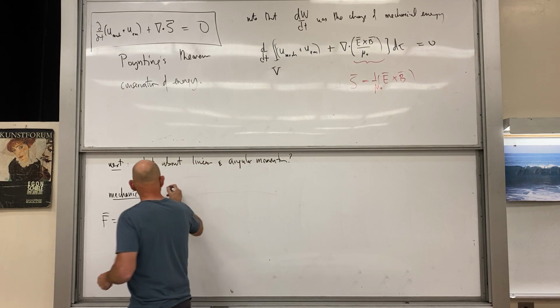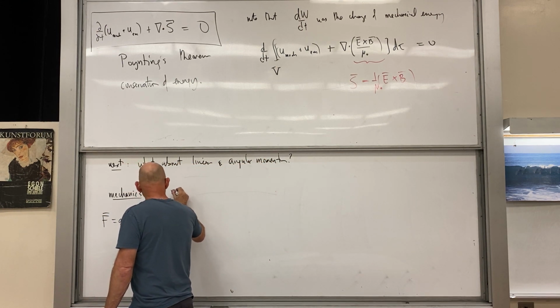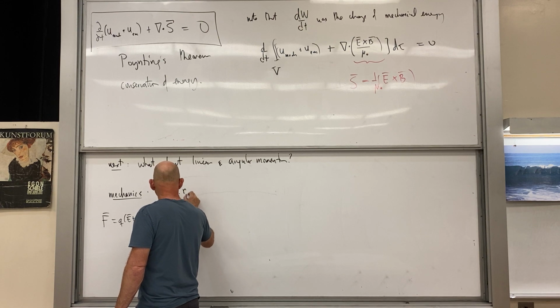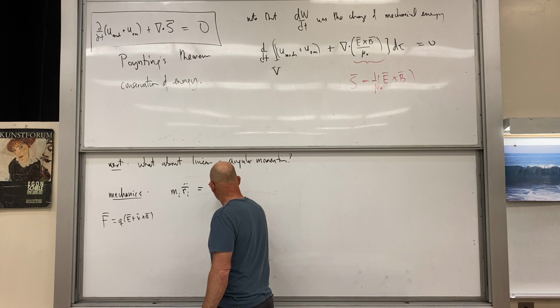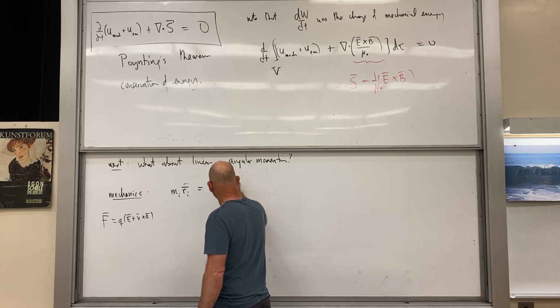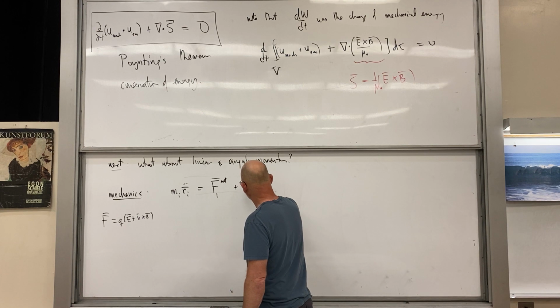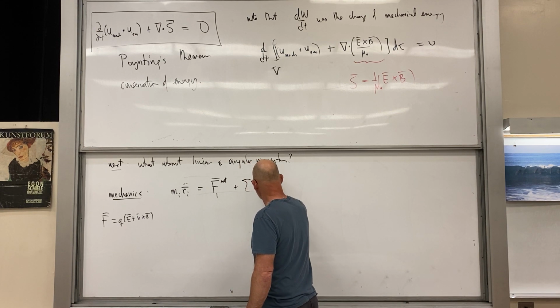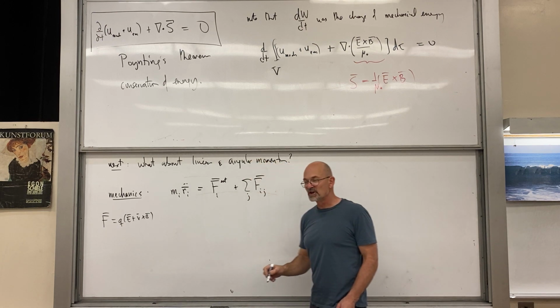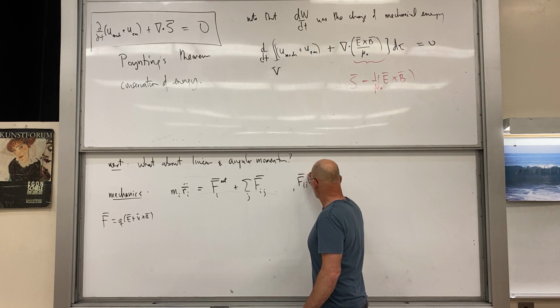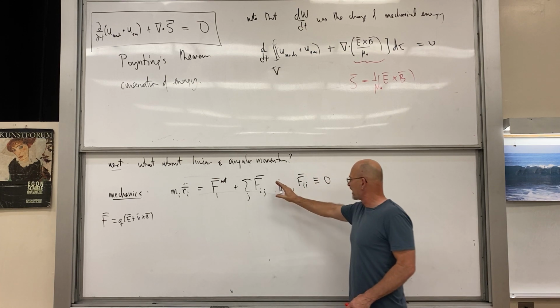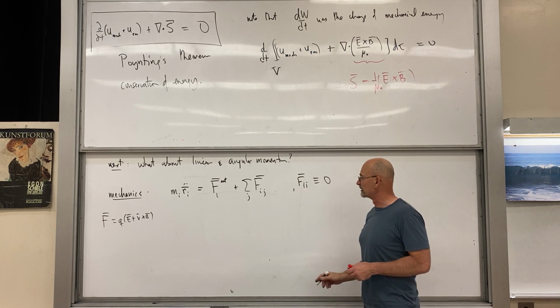So we're on that same ground. So let's remind ourselves, m_i times acceleration is equal to F_i. We have the external forces and then internal forces, let's say F_ij, summing over j. F_ii is identically 0.